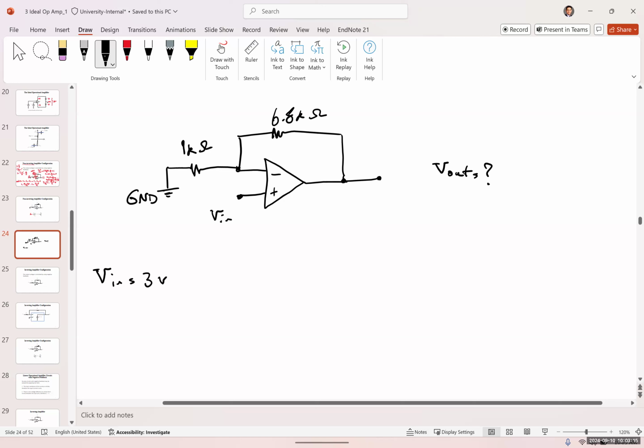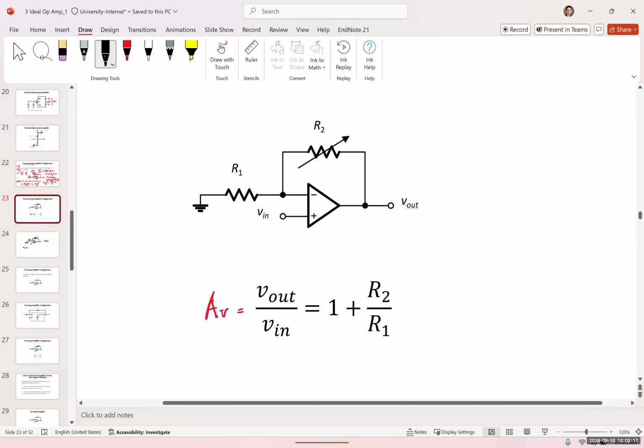I'm going to go back to the equation that we had, if you want to write down, if you haven't already.